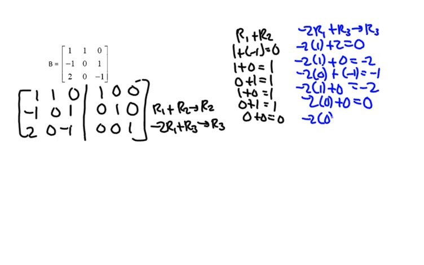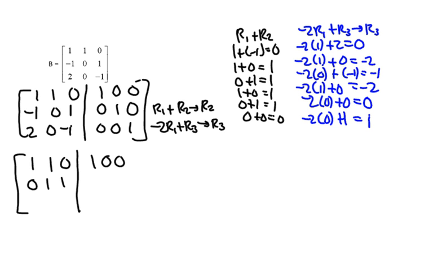And -2 times 0 plus 1. Okay, so underneath then I will rewrite. Now keep in mind row 1 stays the same. Row 2 has changed. And row 3.